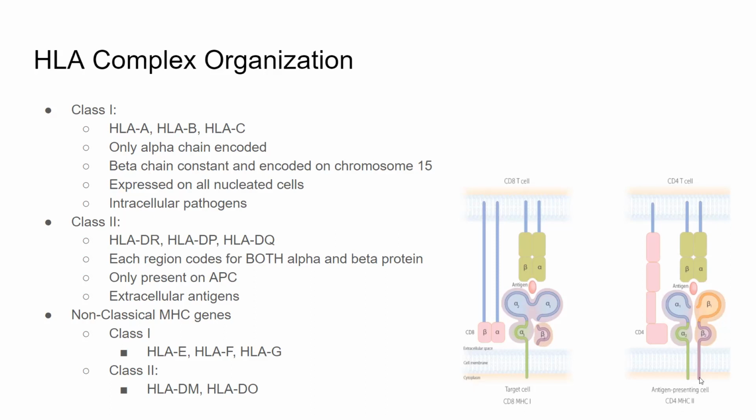And if you look at the picture too, this is a good image from First Aid, you can see the alpha chain is what's in contact with the T cell receptor, where this is beta and alpha. So this would be MHC class 2. Make sure you know this in words and also can look at a picture and recognize which one they are, because they love to give you pictures of T cell receptors and of these and ask you which ones they are.